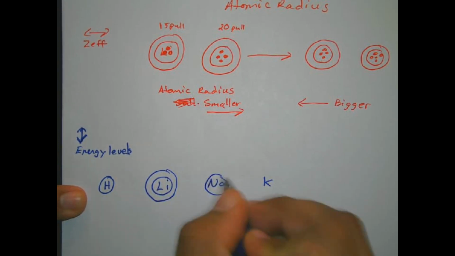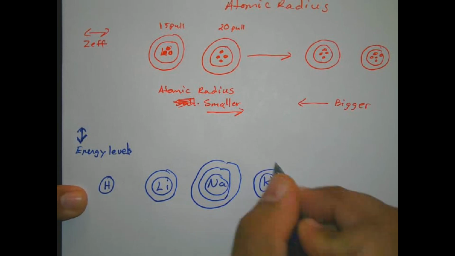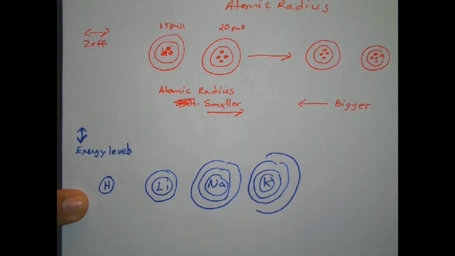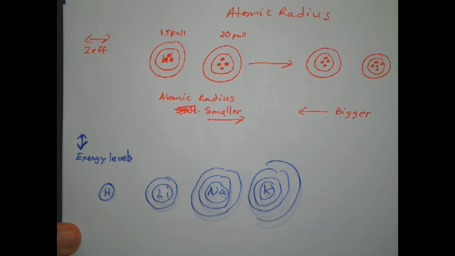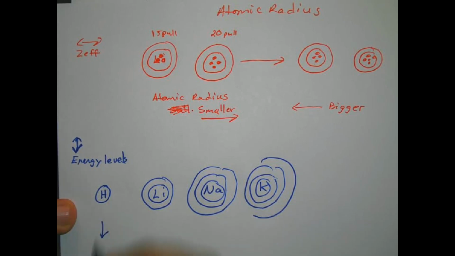Lithium is the second energy level. Sodium is the third energy level. Potassium is the 4th energy level. So already you can tell what's happening, because in this scenario, we're going down the periodic table. We're going down the group. So what's happening to the atomic radius as you go down?